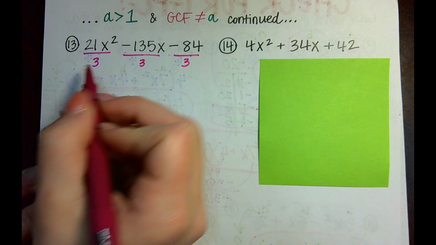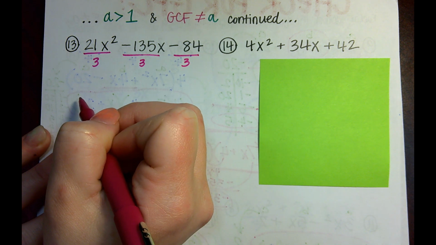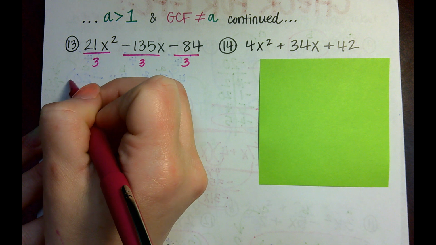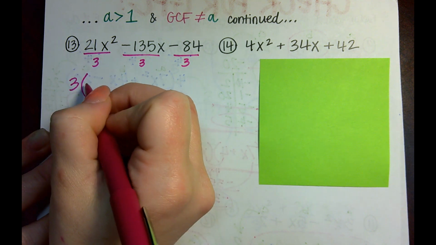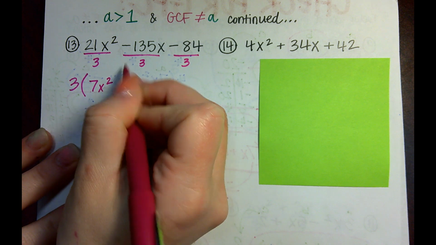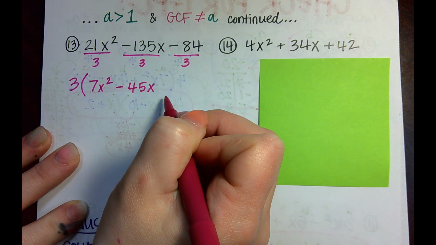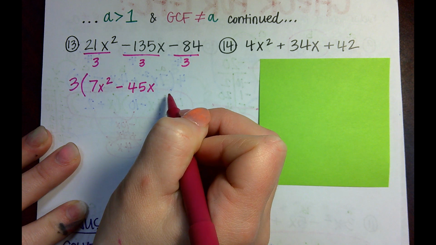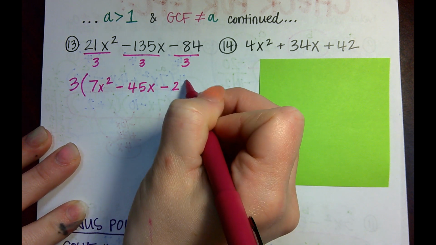What happens when I divide everything by 3? Turn it to 3 before the parentheses. 7x minus 45 minus 28.